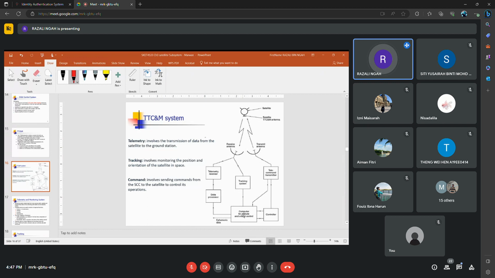And then command: if we detect, for example, drifting of the position, we send a command to the satellite, for example, to turn on the rocket motor. Command involves sending commands from the satellite control center to the satellite to control its position. So that's referred to as TTC.